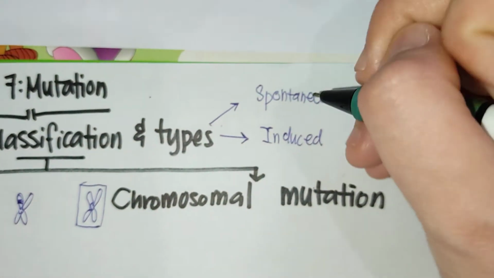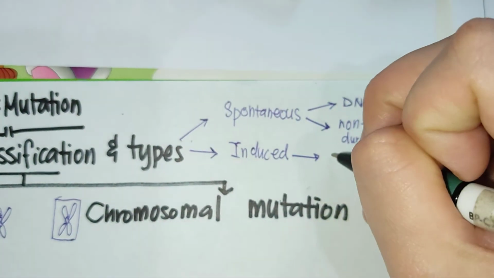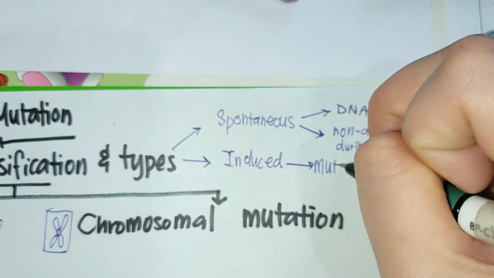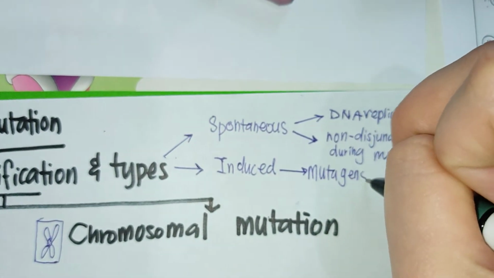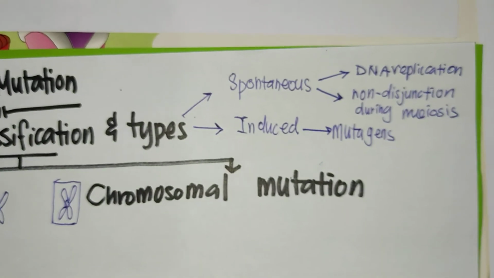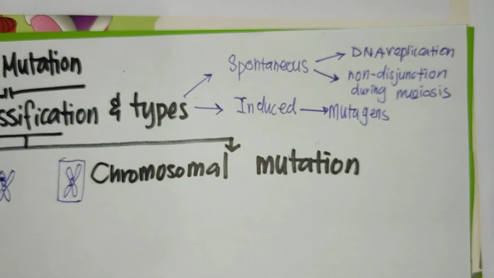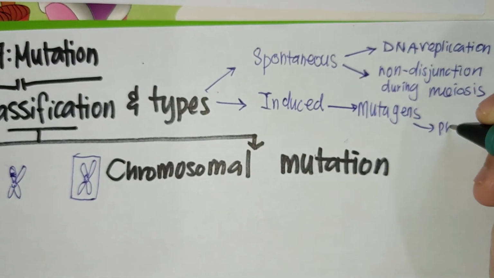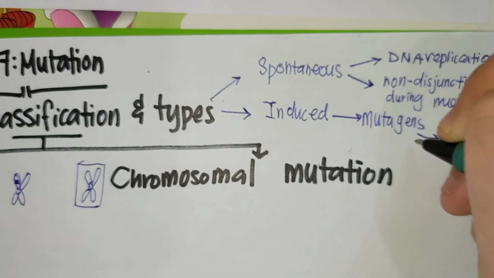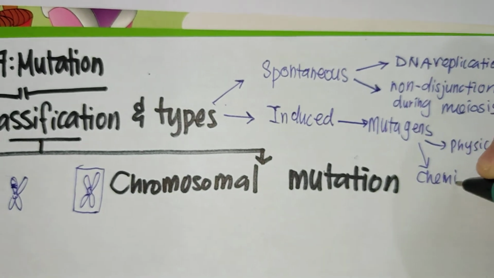Induced mutations can occur because of mutagens. Mutagens are agents that cause mutation. These agents that cause mutation can be physical mutagens or chemical mutagens.